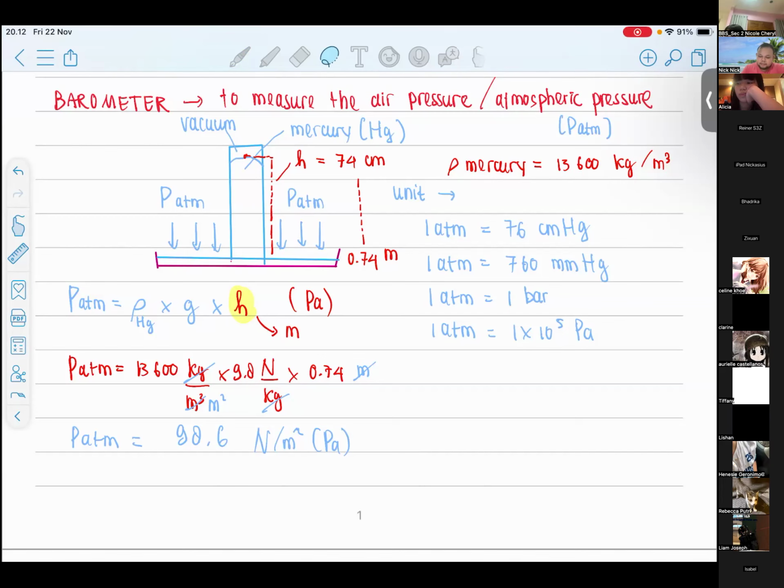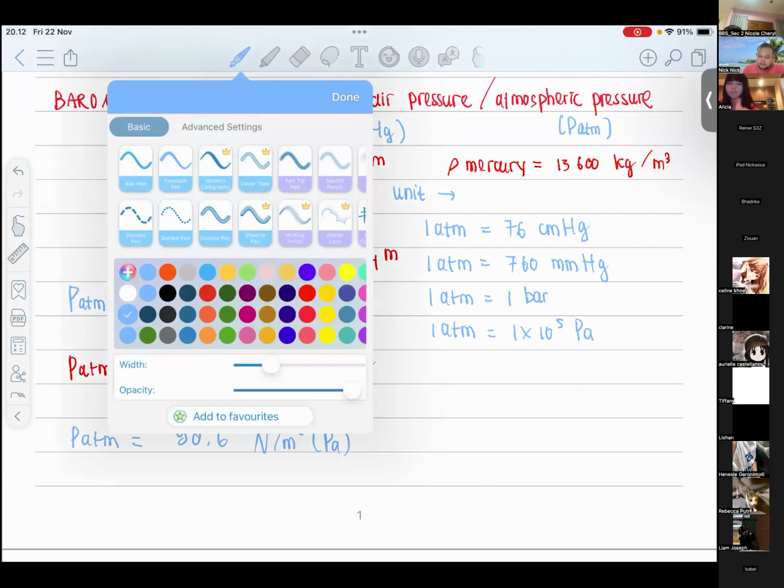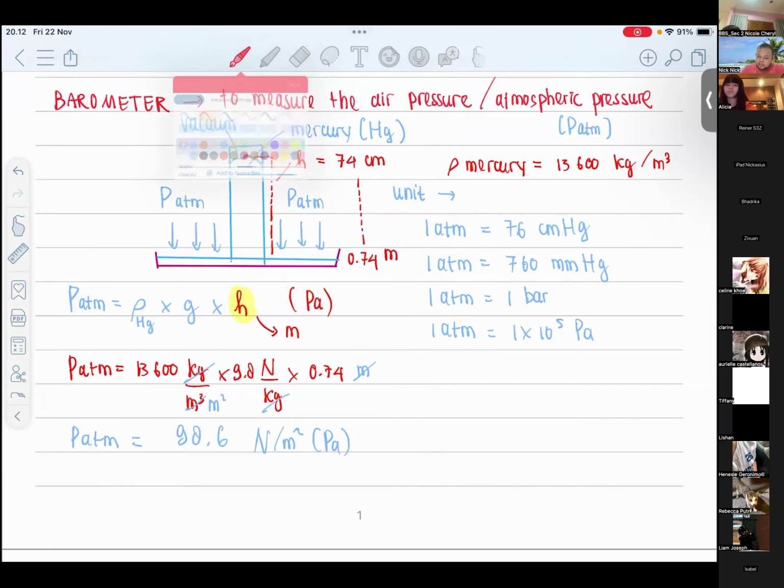Now, if in centimeter Hg, or centimeter of mercury, the pressure, this is not atmospheric. Don't use PATM, use P barometer. Sorry. PATM is atmospheric pressure, 1 atm, but here we are not measuring 1 atm.